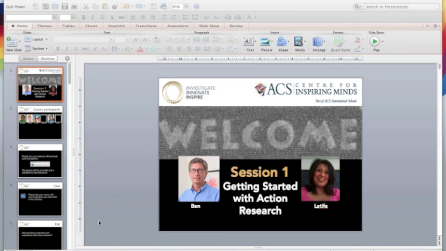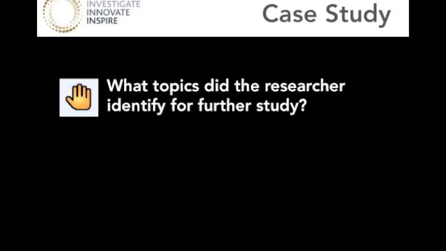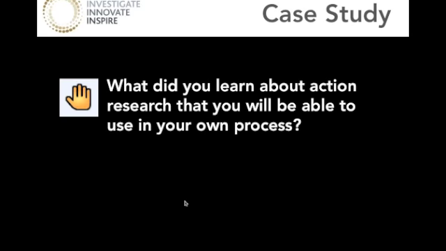I want to ask one more question here, which was not something that was part of the learning log. Go back to the slides maybe just for a second. And that is, what did you learn about action research that you think you're going to be able to use in your own process?